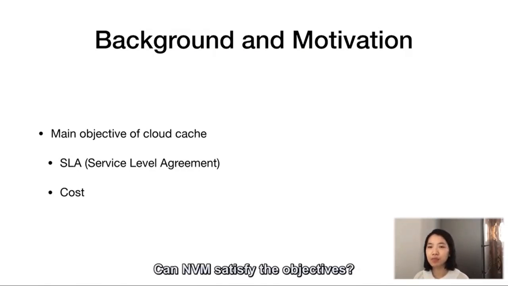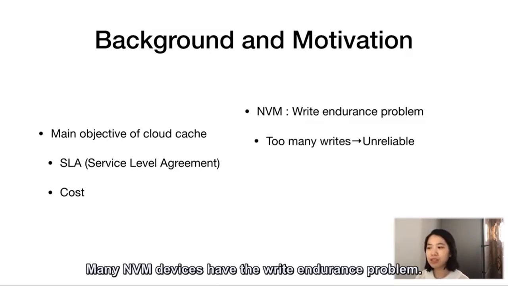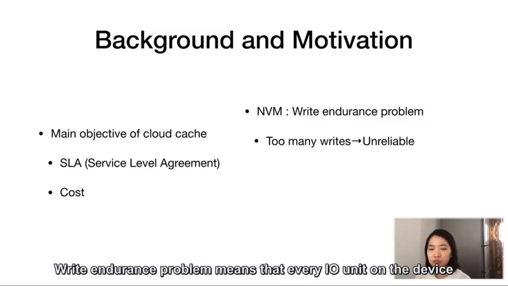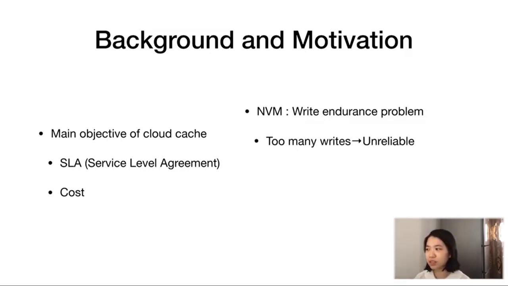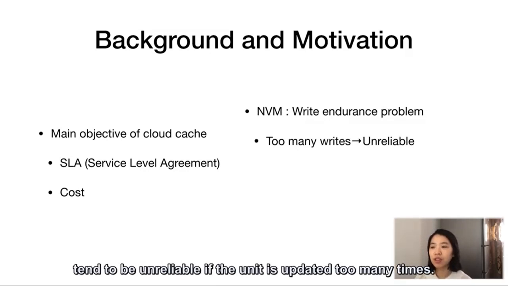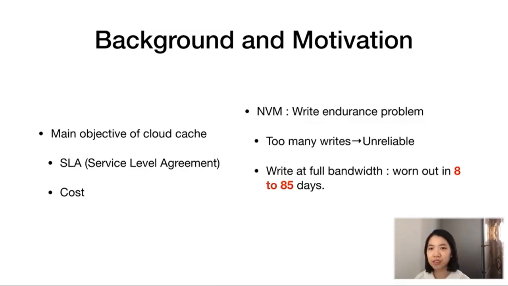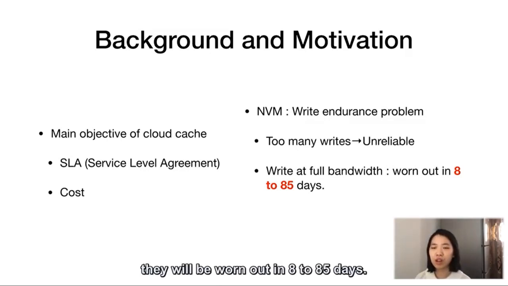But can NVM satisfy the two objectives? Many NVM devices have the write endurance problem, making them difficult to satisfy cost. The write endurance problem means that every I/O unit on the device tends to be unreliable if the unit is updated too many times. If we write at the full write bandwidth of the mainstream NVM devices, these devices will be worn out in 8 to 85 days.